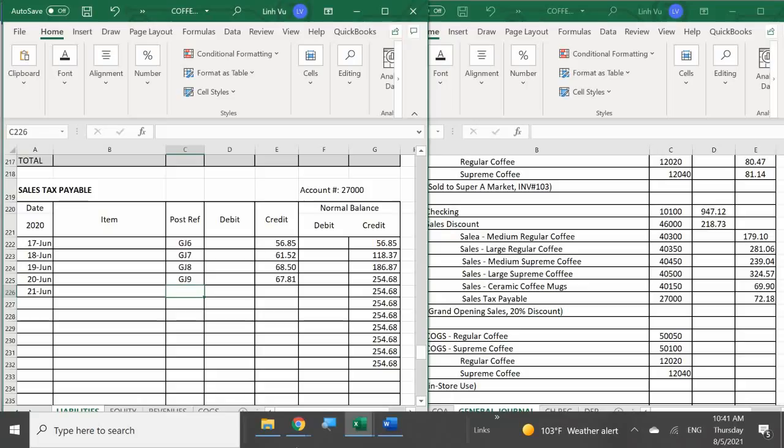General Journal 10, the amount was 72.18, for a grand total of 326.86. Good.